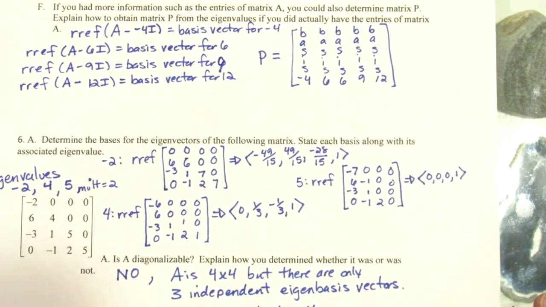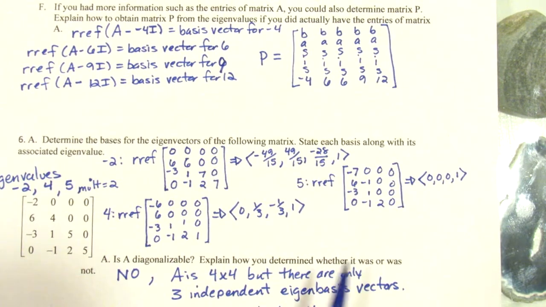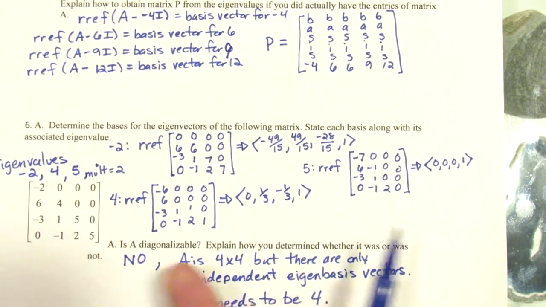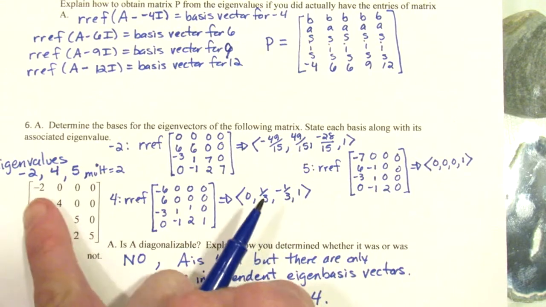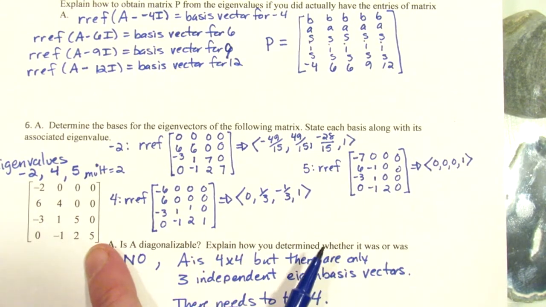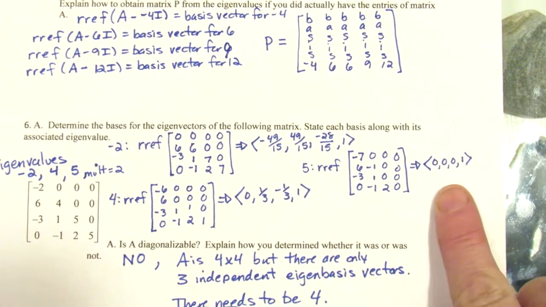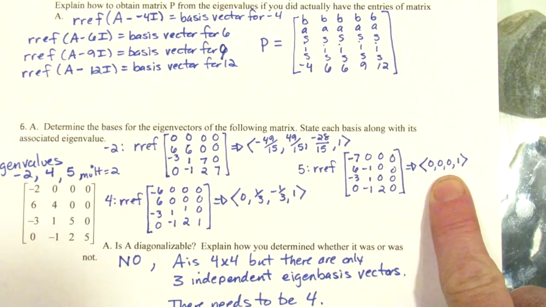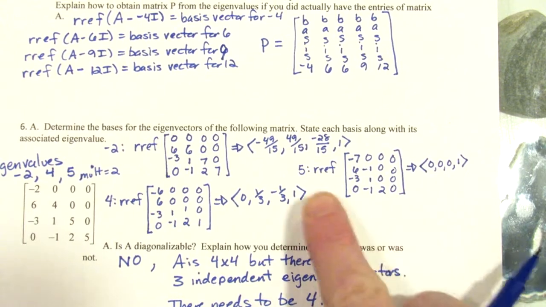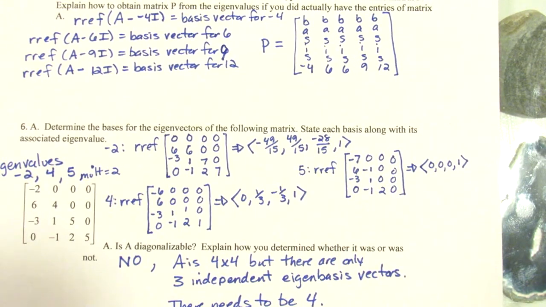Notice that we have a 4 by 4 matrix, and we had technically 4 eigenvalues if you consider the multiplicity of 5, but when it came down to it, 5's basis only has one vector in it. So we only have 1, 2, 3 independent basis vectors.